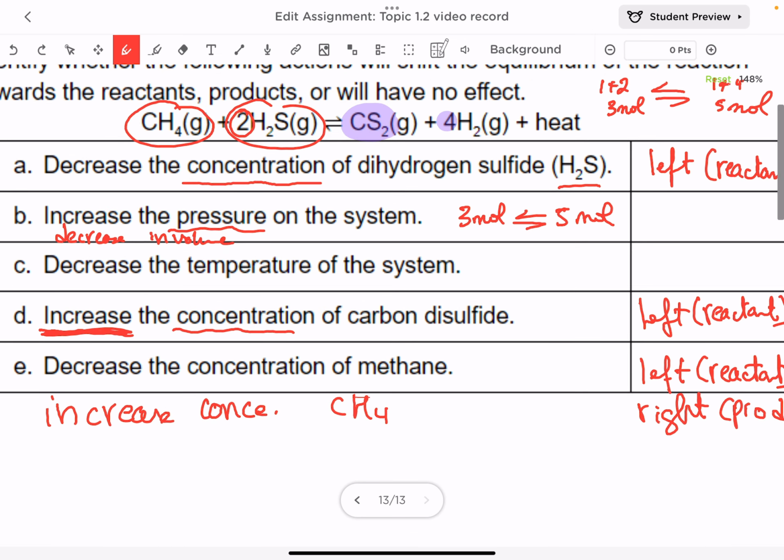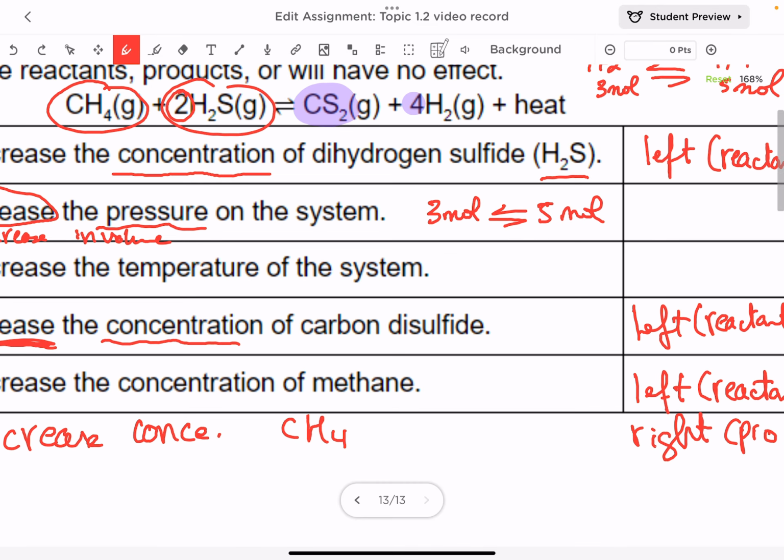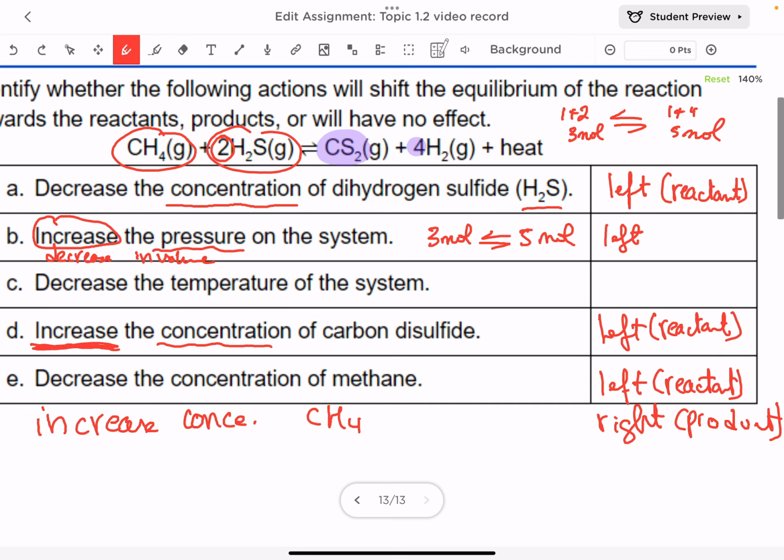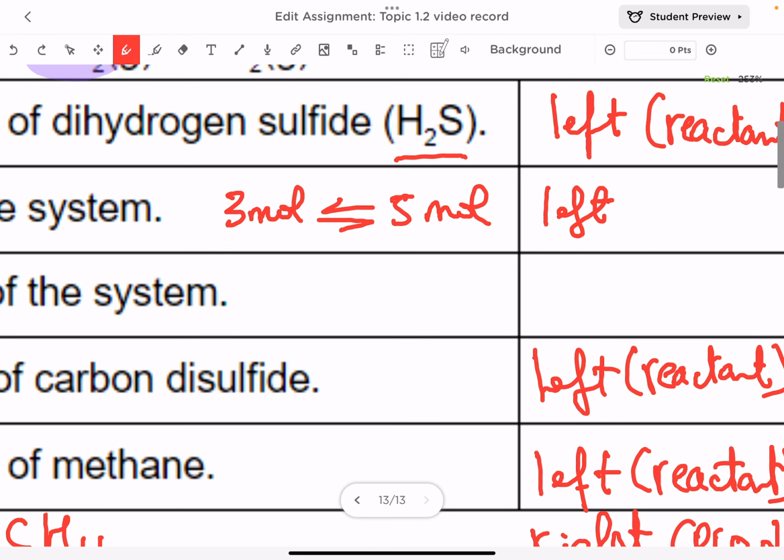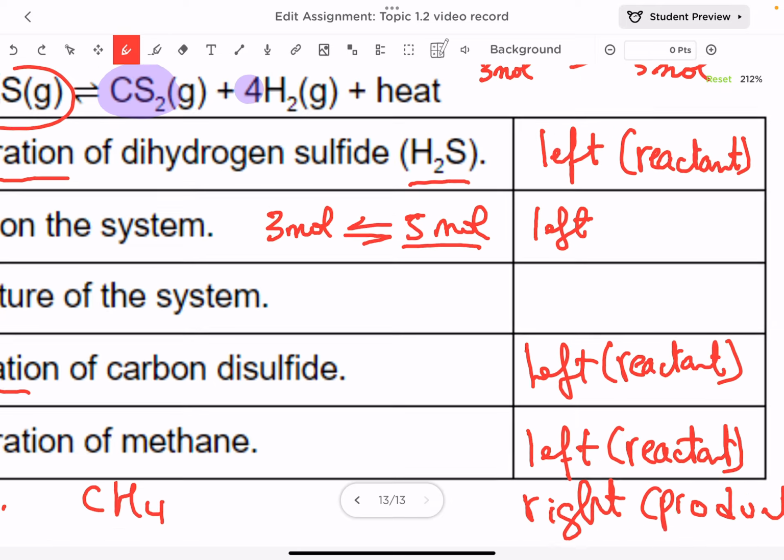An increase in the pressure would mean that the equilibrium is going to go towards the side that has fewer moles. So it's going to go to the left, in order to reduce the amount of moles so that the pressure can be reduced. If the question says a decrease in the pressure, the equilibrium is going to go towards the right in order to increase back this pressure.